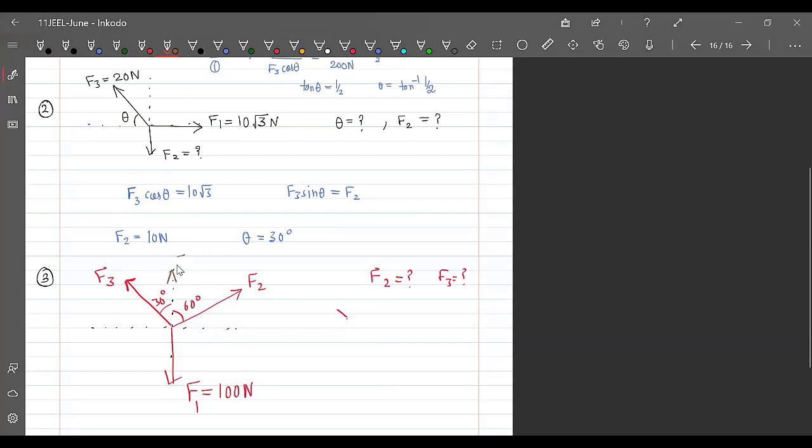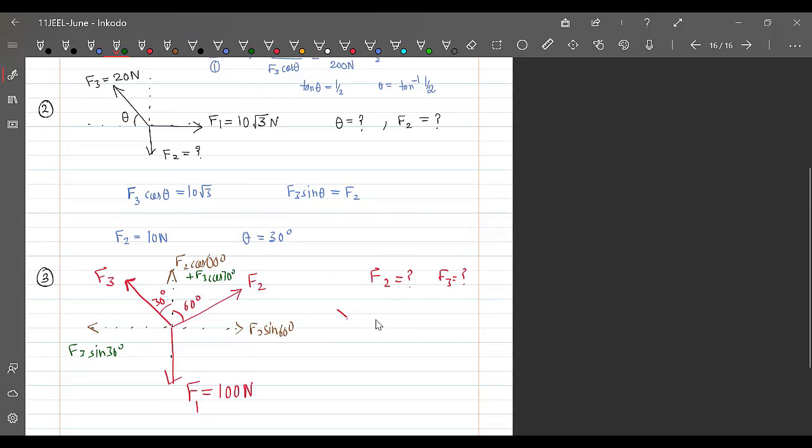Here it will be F2 cos 60 and here it will be F2 sin 60. Then if you take the component of F3, it will be F3 sin 30 and this will be F3 cos 30.